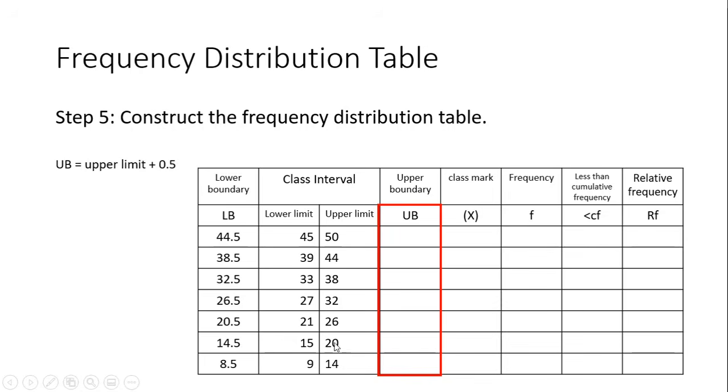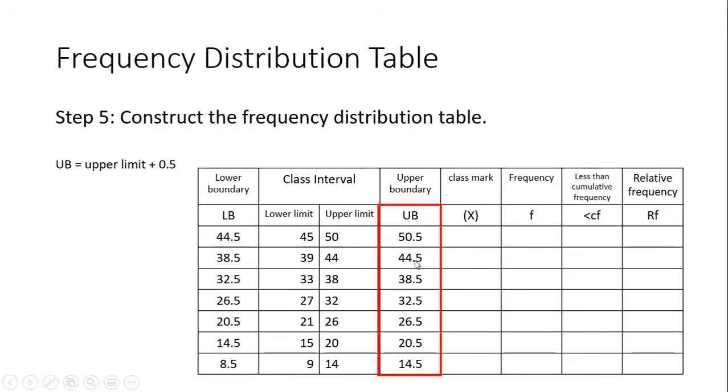So upper limit plus 0.5 will be having 20.5. So if we will fill in the data, we'll be having the following. So 14 plus 0.5, that's 14.5. So again, this is your upper limit column. That's your given here. You add 0.5 for you to get their corresponding or their respective upper boundaries.